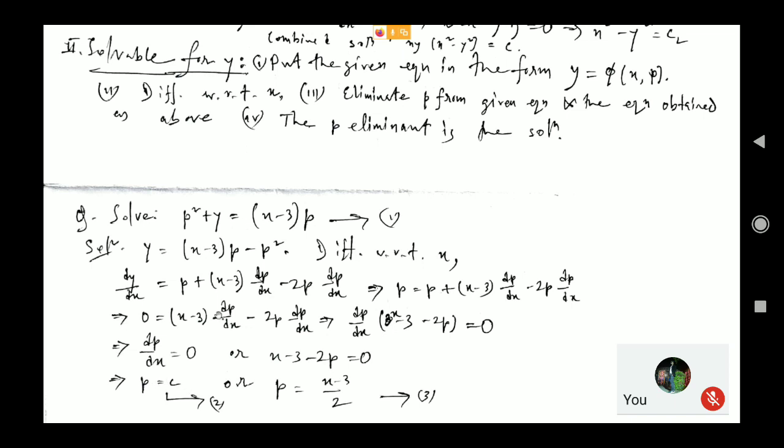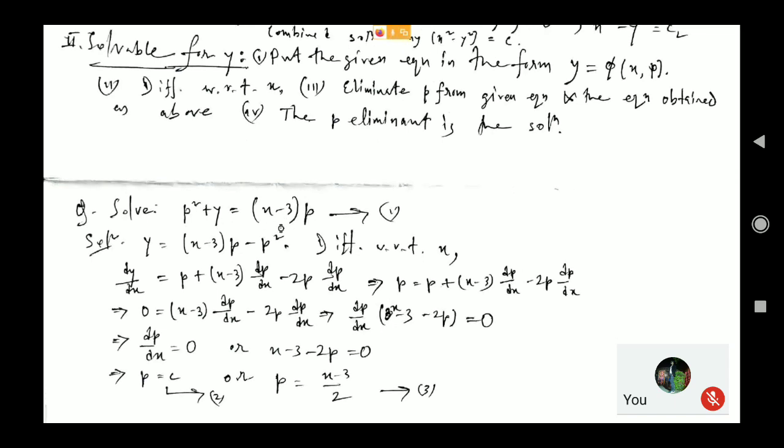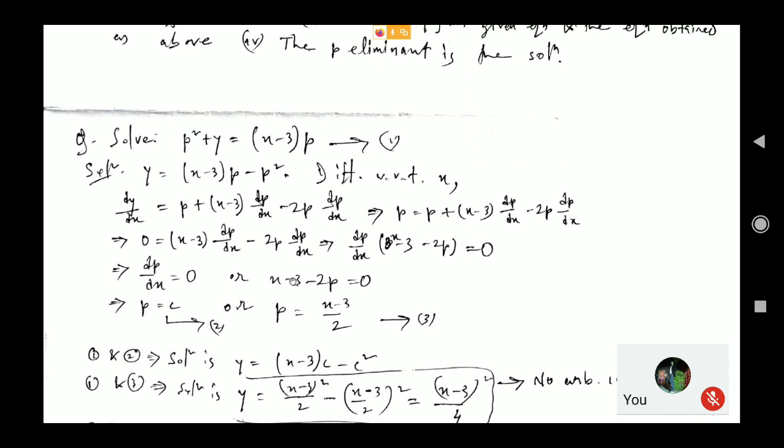So how to eliminate p? You just need to replace the value of p in the original equation. So 1 and 2 give us a solution y = (x − 3)c − c². Just we have replaced the value of p by c in the given equation. Okay, so this gives us one solution.